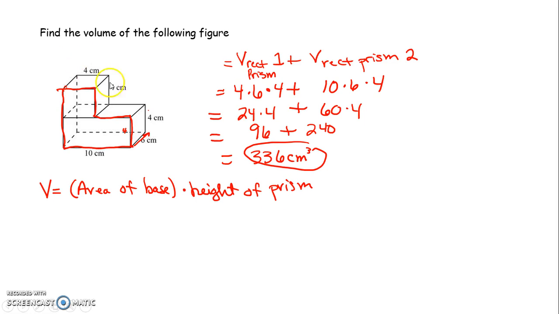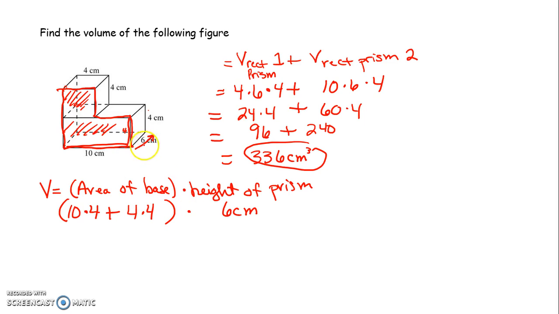And when we're talking that, you get the two faces that match. The front face and back face would be your base, and then the height of the prism is how far deep it goes. So the height of this prism is 6 centimeters. To find the area of my base, it would be 10 times 4 plus, up here, 4 times 4.